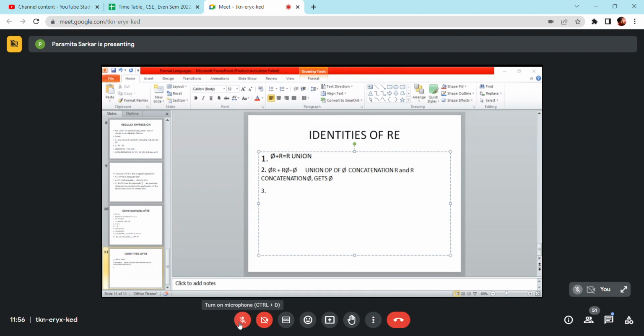Epsilon, small e. Now I'm searching the symbol epsilon in here. Yes, I got it.